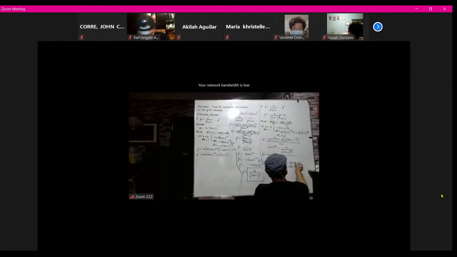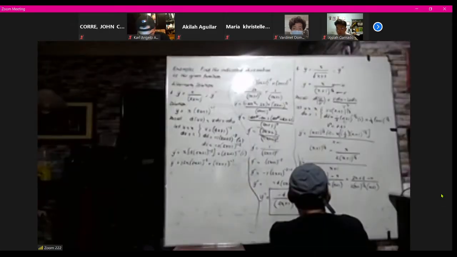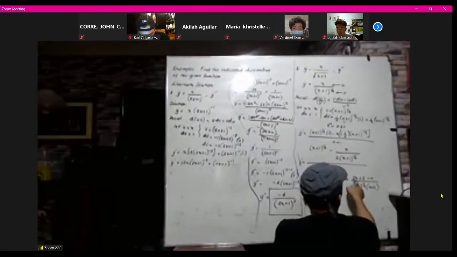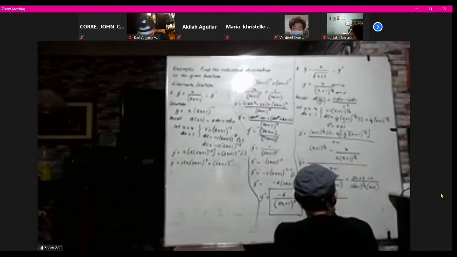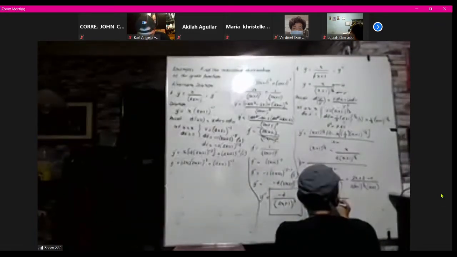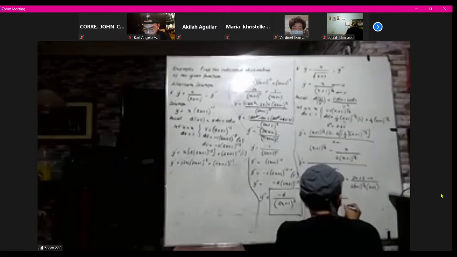Okay? So therefore, ito magka-cancel, magiging y derivative is equal to 2x minus x. That is my answer natin, x plus 2, all over 2 times x plus 1 raised to 1 half times x plus 1.